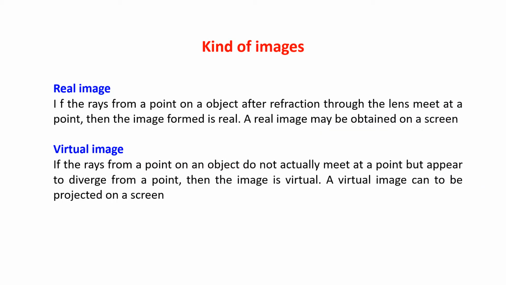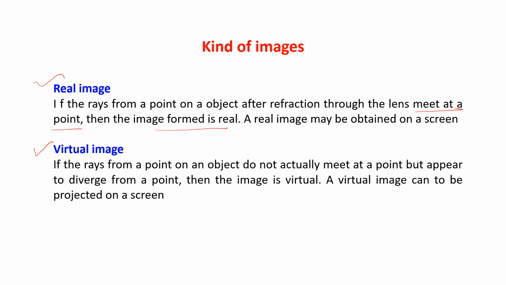Kinds of images. Two types of images are there: one is real image, another is virtual image. If the rays from a point on an object after refraction through the lens meet at a point, actually meeting, then the image formed is real.